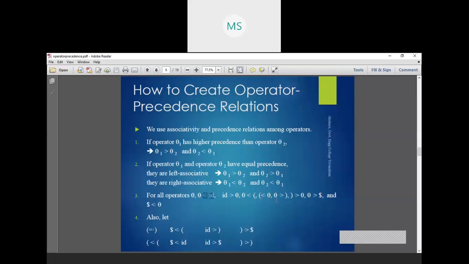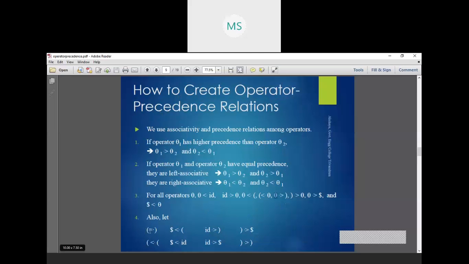And ID with close: before closing there is an identifier, and I have to find the identifier value first, so this identifier has the highest precedence. Again, open and ID, and anything with the dollar, the identifier has the highest precedence, and dollar with ID, then ID has the highest precedence. This is the common representation.